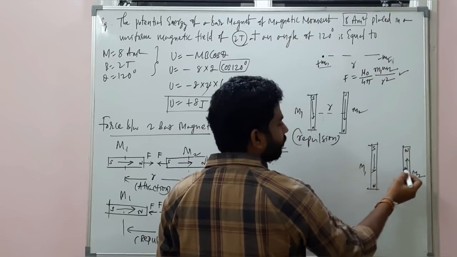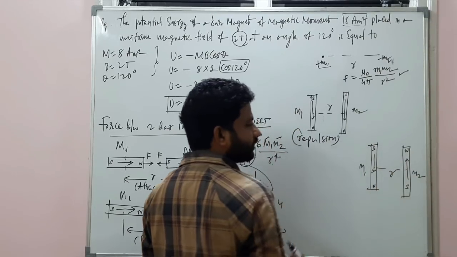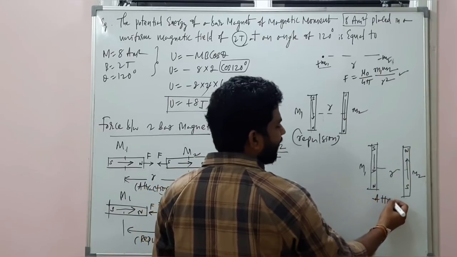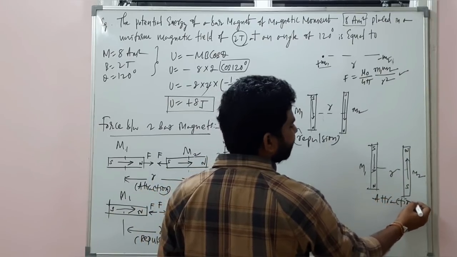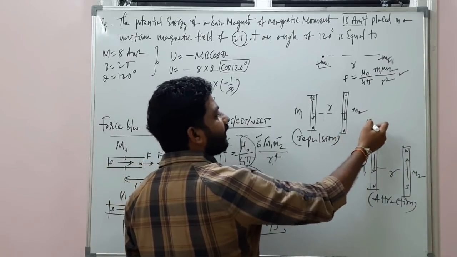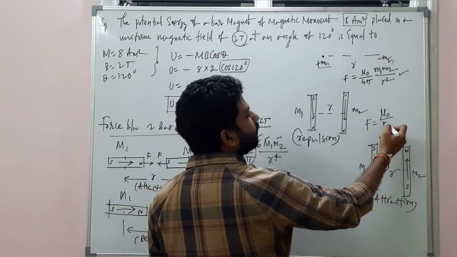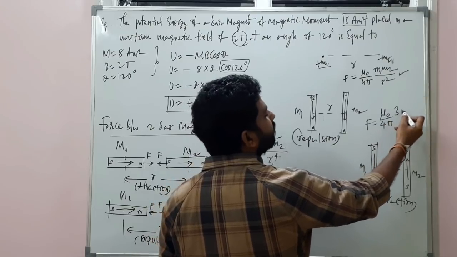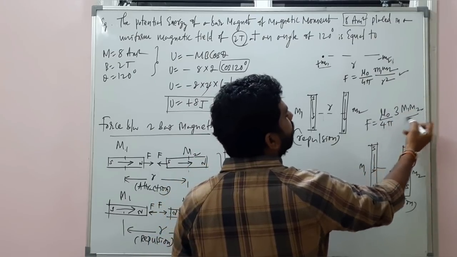As the magnetic moment directions are opposite here, there will be an attraction force between these two magnets. Here, the F value will be equal to mu naught by 4 pi into 3 times M1 M2 by R to the power 4.